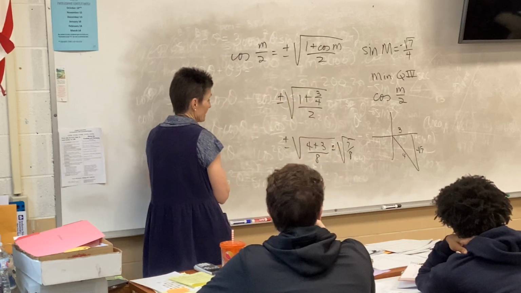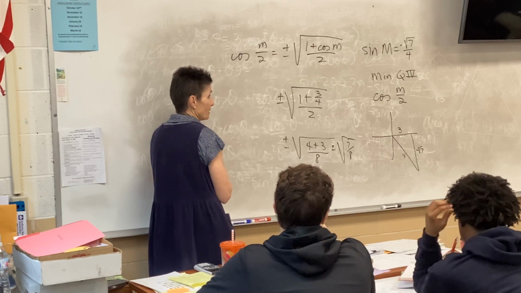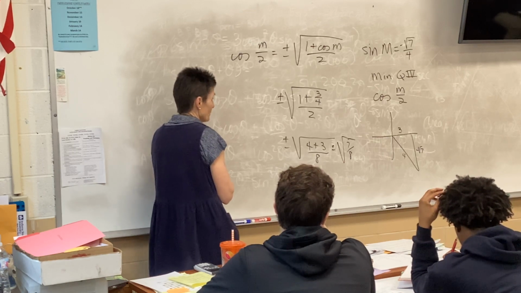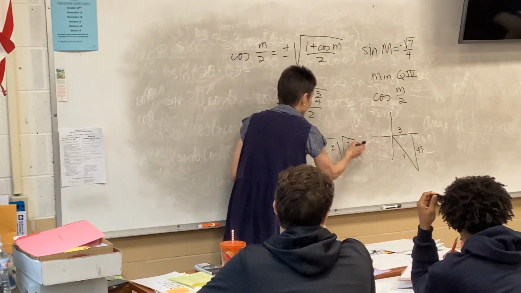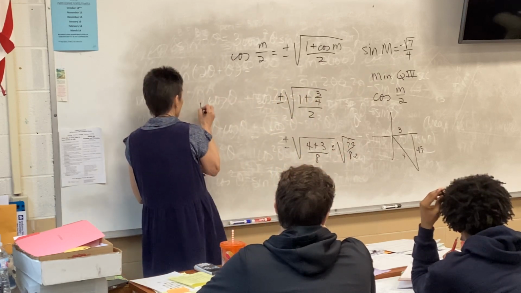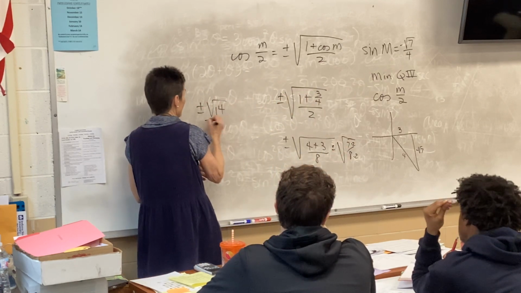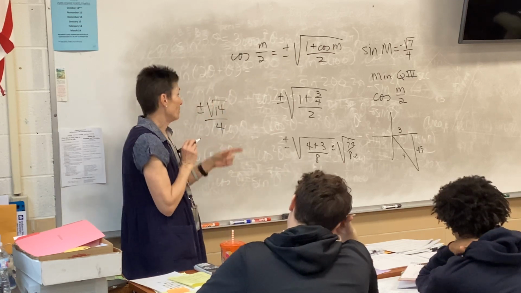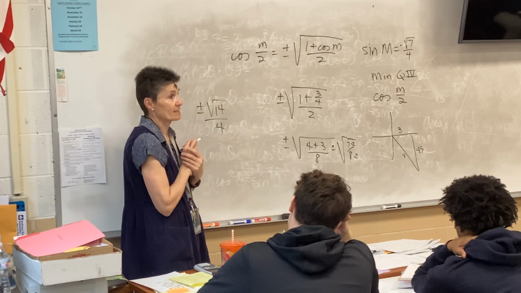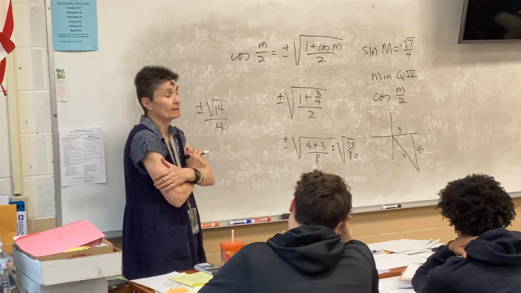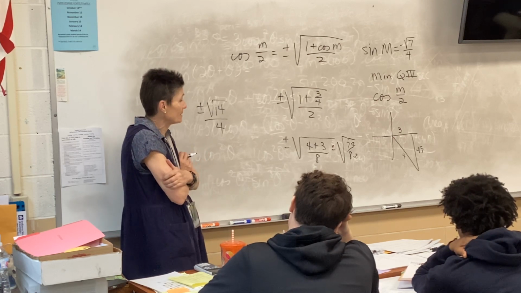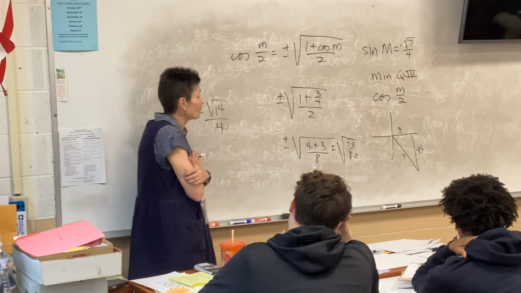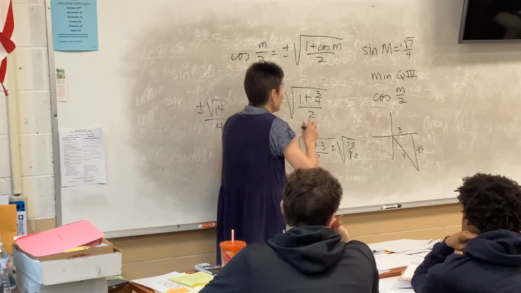I'd really like that denominator to be not a radical. So what if I times by 2? Would that give me the square root of 14 over 4? That looks pretty good, doesn't it? But now I gotta choose plus or minus. Anytime you're using one of those half angle identities, you have to pick. So go back to the beginning.